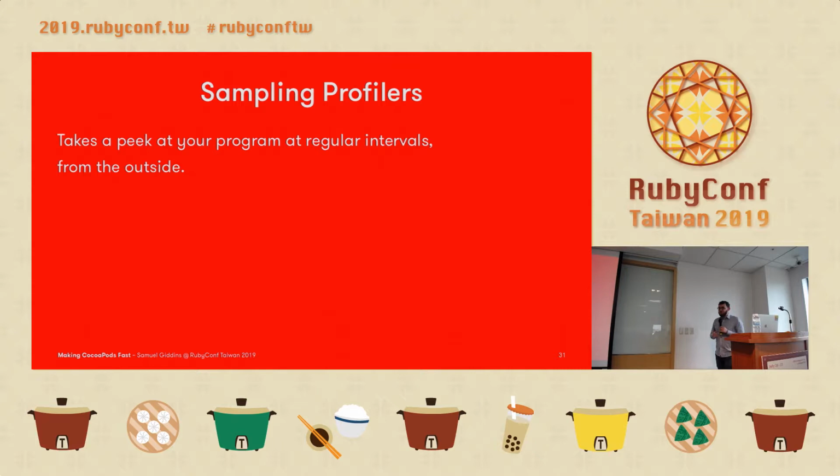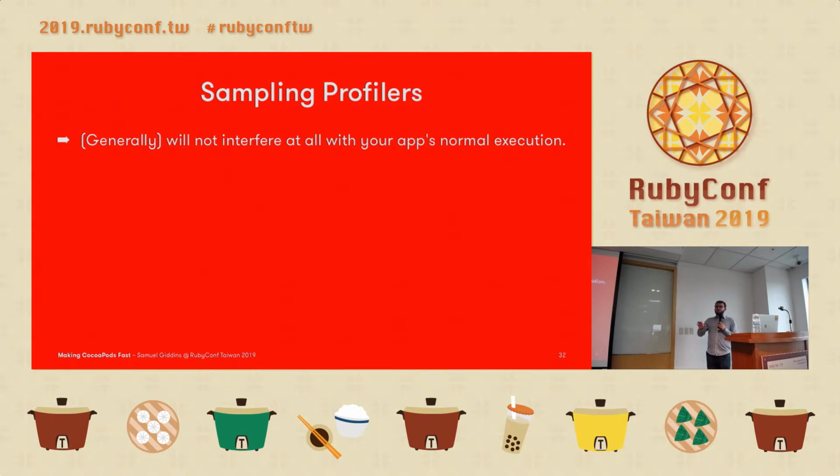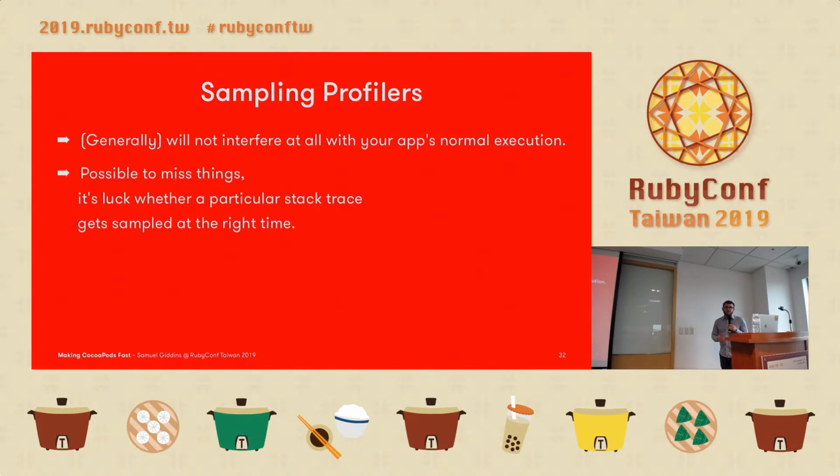So then we get on to some of the fancier things you can do, such as using a sampling profiler. I love sampling profilers because they let you look at what your program is doing, but from the outside. So they generally won't interfere at all with the normal execution of your application. The downside of this, of course, is that it's possible to miss things. If you're only sampling, let's say, 100 times a second or 1,000 times a second, you can miss things.